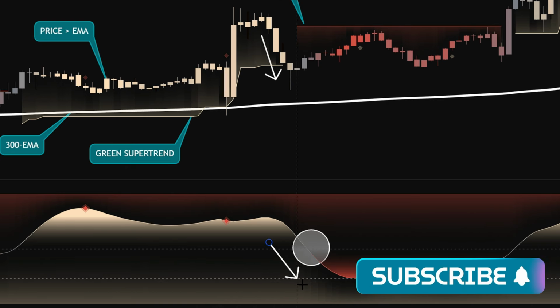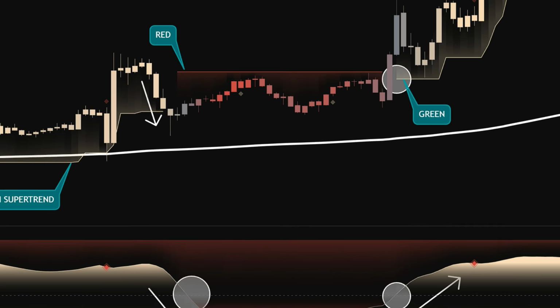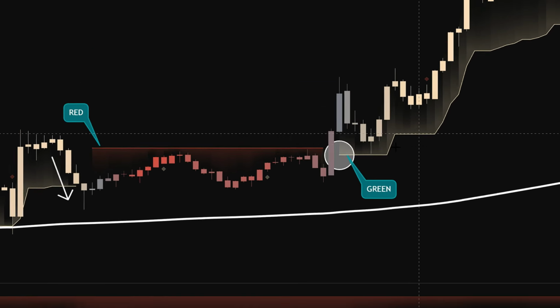When momentum returns, the super trend ribbon flips back to green and the oscillator moves back above the midline. Price pulls back slightly toward the green ribbon, then you wait for the trigger.